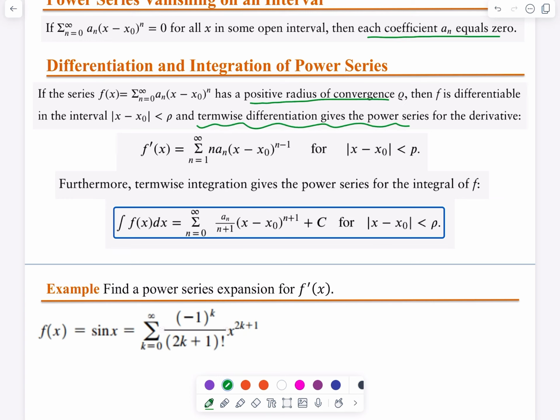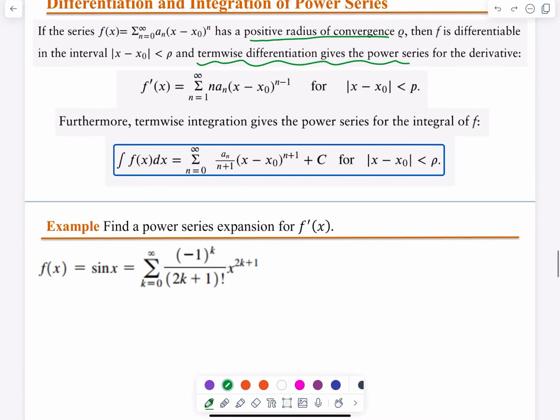Okay, integration is the same. It's a little bit more technical, but of course we have to have that positive radius of convergence, and the integration is the same. So you add 1 and divide, and you can see that right there, just like our typical integration of power series.